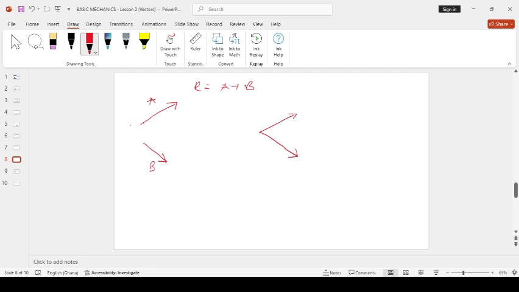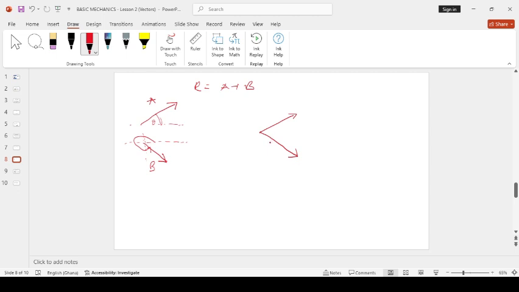If I draw an imaginary line here, we realize that it describes an angle here. And when I also draw an imaginary line here, we realize this vector also describes an angle here. All right, now we have managed to put these two vectors together.